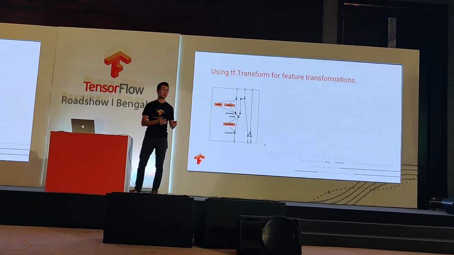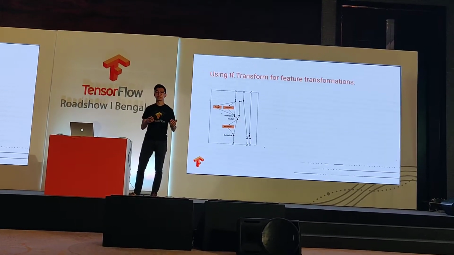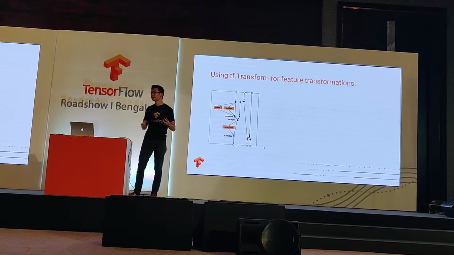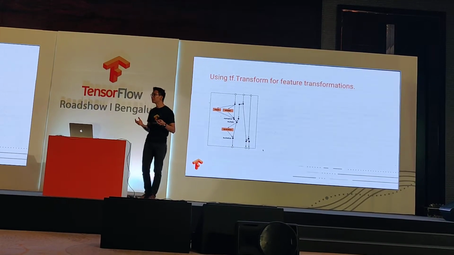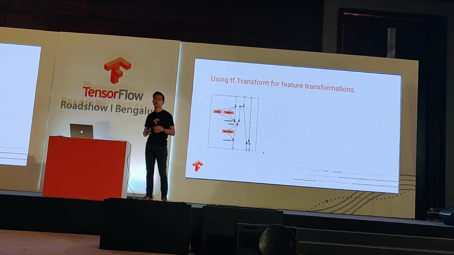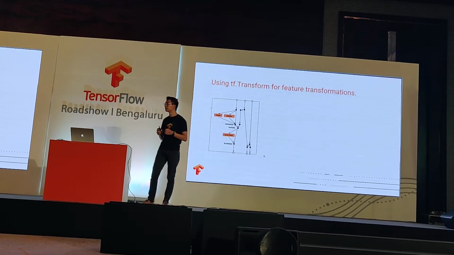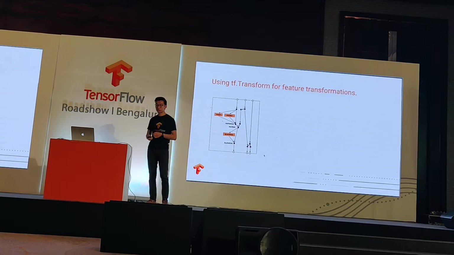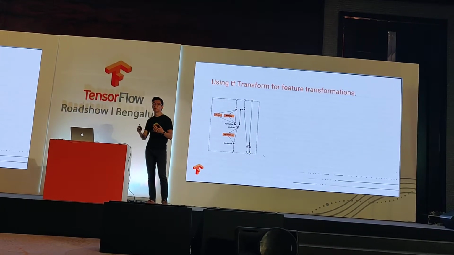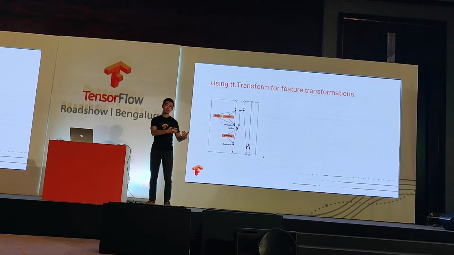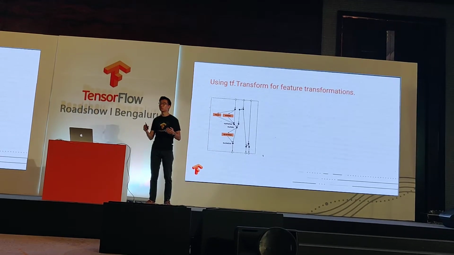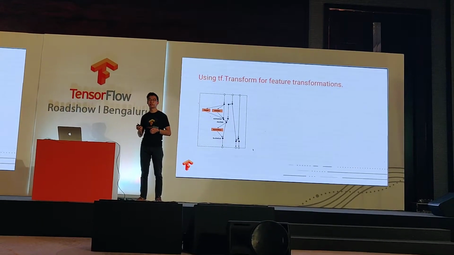And if your data fits into memory, this is pretty trivial. You can just call a NumPy function. But for large data sets that we see in the wild, this becomes much harder. And TF Transform will handle this for you out of the box with utility functions like scale to z-score that does mean normalization. Things also get complicated when you want to do transforms of transforms. And TF Transform will handle this use case as well out of the box.